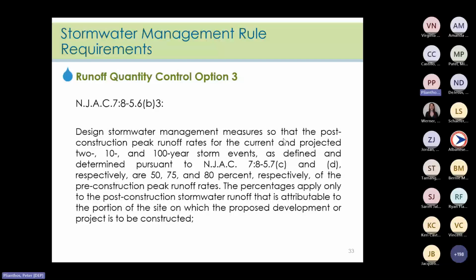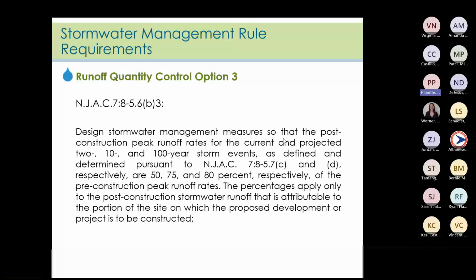But, unlike option 2, the analysis required is less detailed because post-construction peak runoff rates for the 2, 10, and 100-year storm events are limited to 50, 75, and 80% respectively of the pre-construction peak runoff rates. This rate reduction is sufficient to demonstrate runoff quantity control, and the offsite analysis, as required in option 2, isn't needed. This is the option we see chosen most of the time.